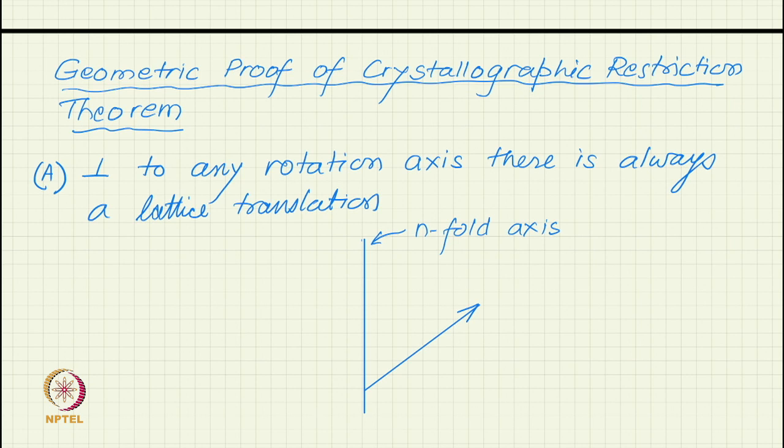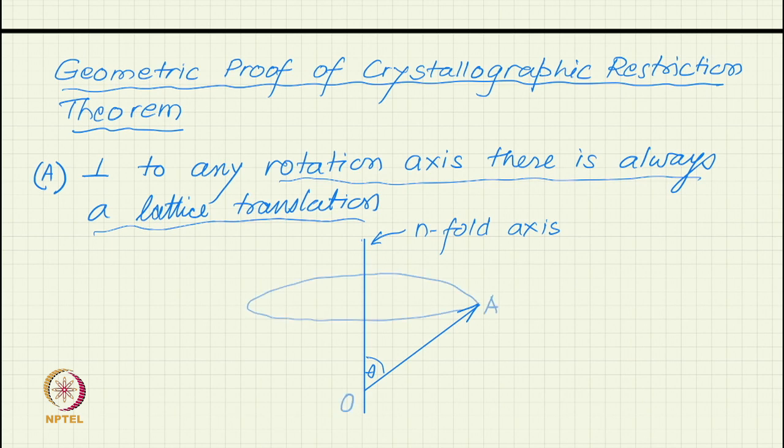If it is perpendicular to the axis, then there is nothing to prove. So, that is why I am making an inclined translation, not assuming that this is perpendicular, but later on we will show that it will generate a translation which is perpendicular also.